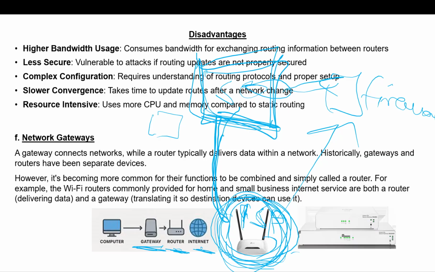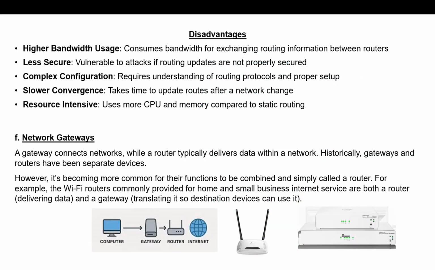Now, the gateway, however, it becomes more common for their functions to be combined and simply called a router, right? For example, the Wi-Fi routers commonly provided for home. So now you see, this one acts as both.